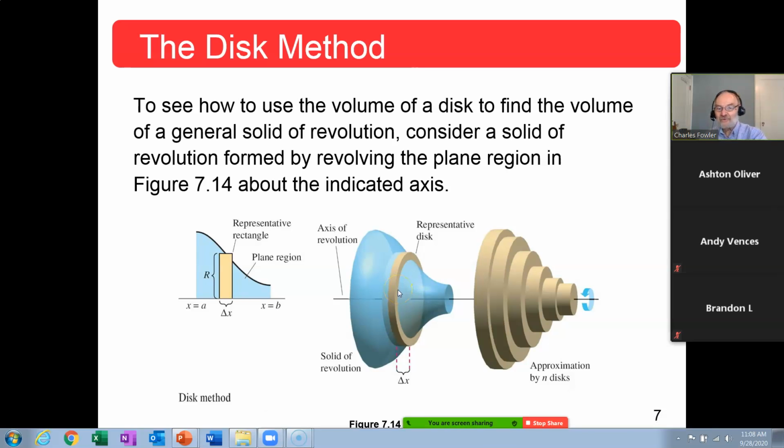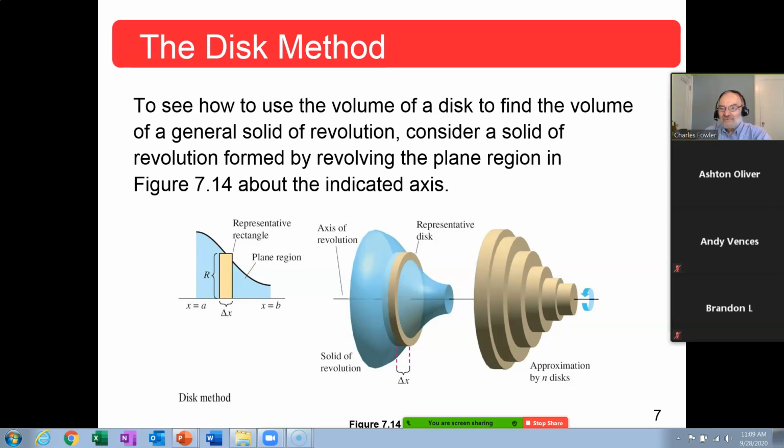How do we make it closer? Make n larger, making the delta x smaller, and then do more of them, more layers, until you get something that really does look like the solid. That's what we're going to do. So what is that? That's integration, right?